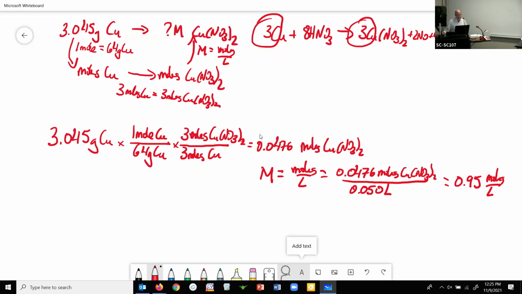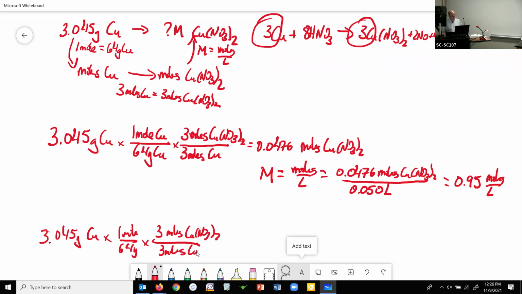So the catch is this: the last step, where we normally come out by using a conversion factor, especially if we're dealing with grams, there's not a clean looking way to set that up. We could, and you don't have to copy this over, I'm just writing it out as an example. It would be perfectly correct mathematically to say, I know this answer of moles of copper nitrate, I'm just going to divide it by the volume.